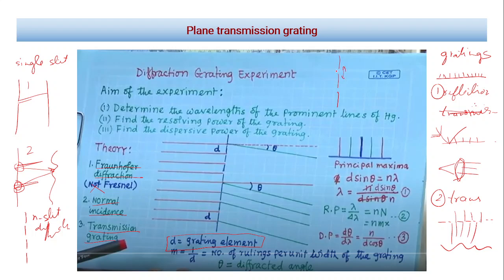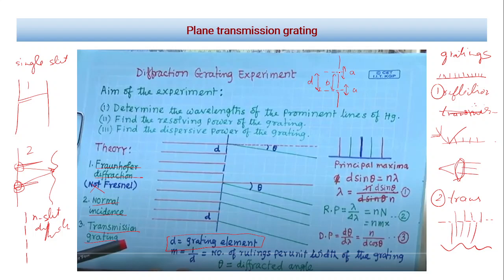One opening has width a, and this one is also of width a. The opaque part between these two openings has width b. To define the distance between these two gaps in the slit, we take the center of one opening and the center of the other, and the distance between the centers of these two openings we call d.